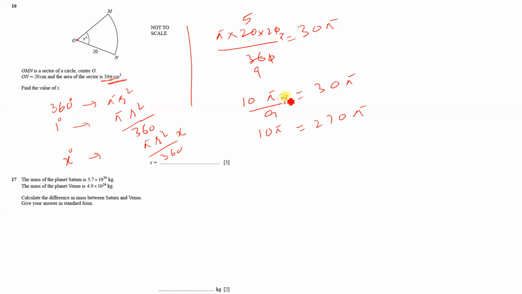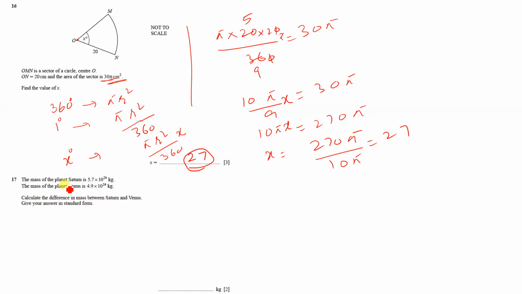I again forgot to write x, sorry. So x is equal to 270 pi divided by 10 pi, which is equal to 27. So x is 27 is the answer.